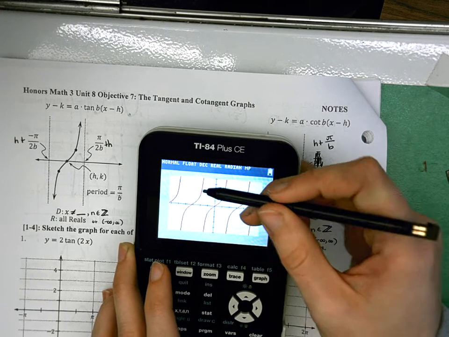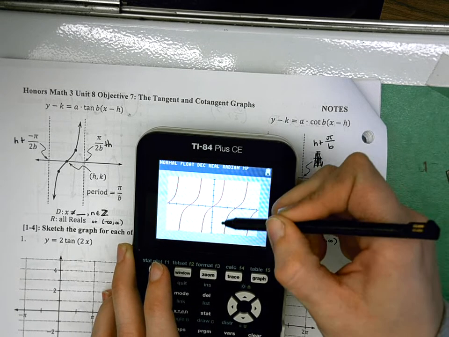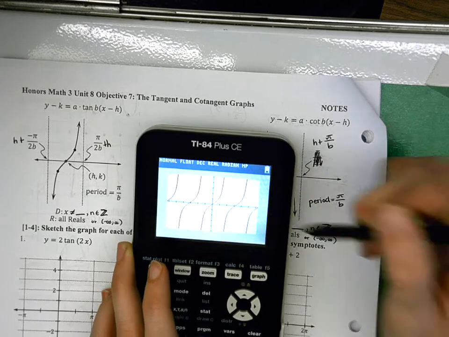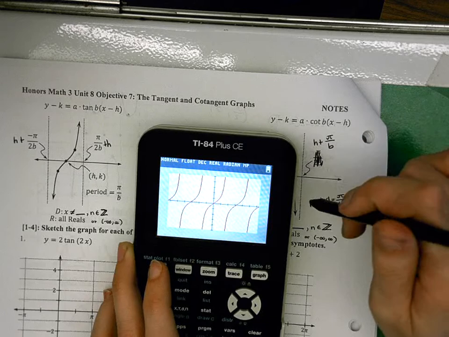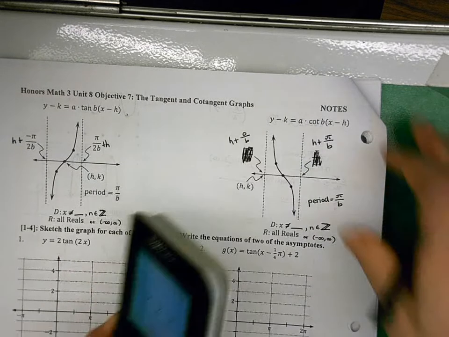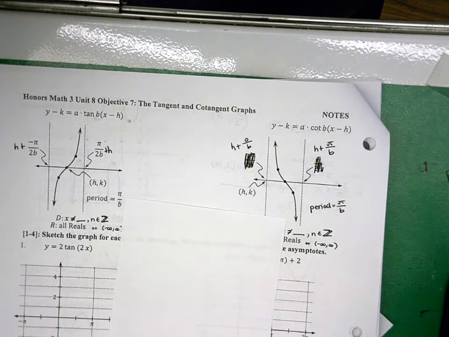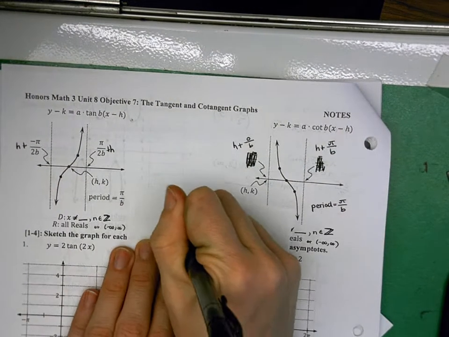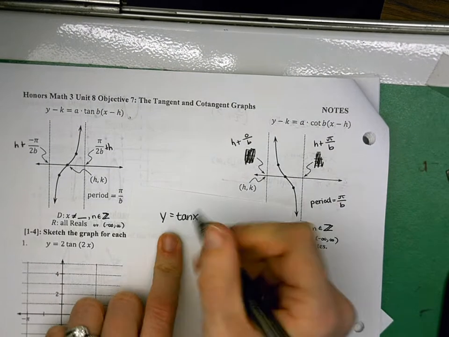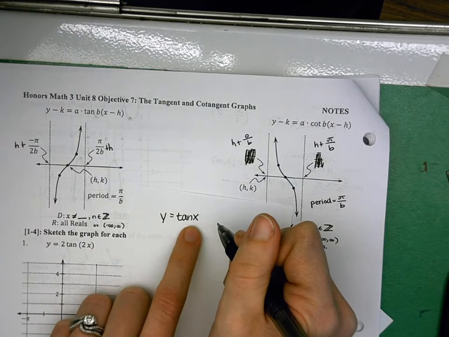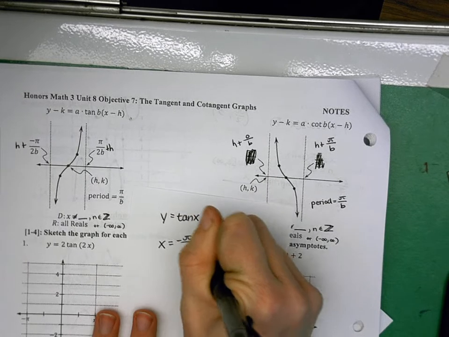Okay? And then tangent has asymptotes at negative pi over 2 and pi over 2. So that's what makes the guts of your tangent equal negative pi over 2 and pi over 2. With a regular tangent function, y equals tangent x, my asymptotes exist when x, what's in here, equals negative pi over 2 and pi over 2.